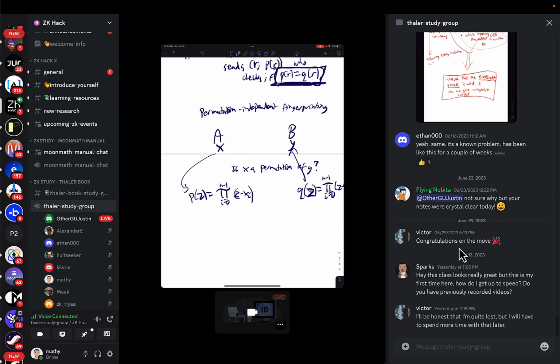So, Alice picks r at random from the field, sends r comma p of r to Bob, who checks whether p of r equals q of r.